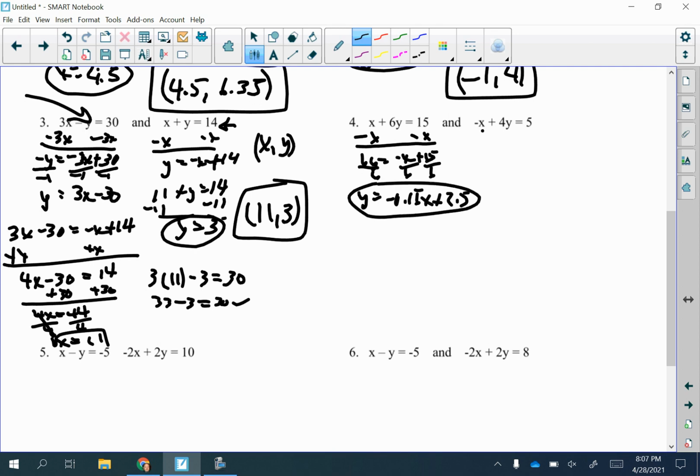And now if we convert the other one, add x to both sides. All right, 4y equals x plus 5. And when you divide by 4, x is going to be 1/4 x, which is 0.25x, plus 1.25.